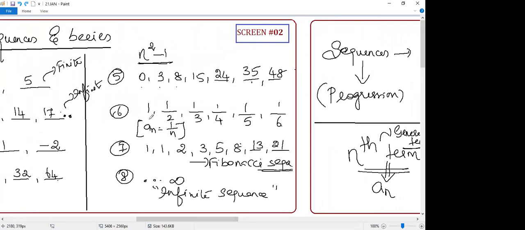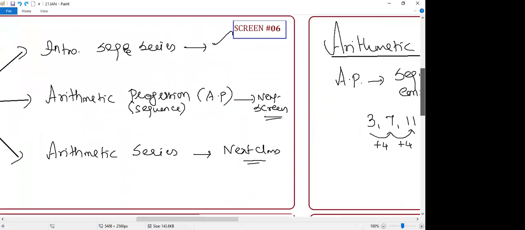Guys, this is your HP. Why, sir? If you take the reciprocal of this, what will you get? 1, 2, 3, 4, 5. So the reciprocal is AP. The moment the reciprocal is AP, the given sequence is called HP. How will you qualify an HP? You have to take the reciprocal of the sequence. Clear or not? Guys, anyhow, these are all JE level.